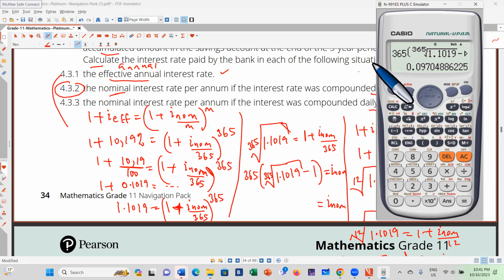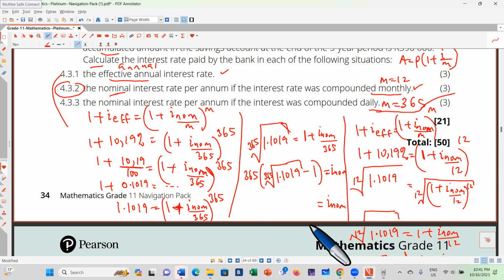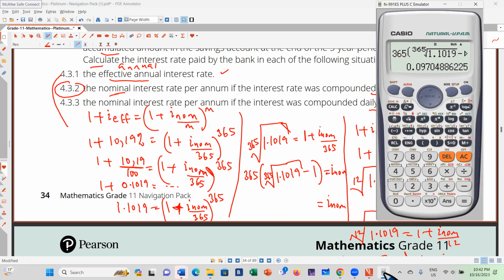What is the answer? Oh, so now I see I didn't insert the first 365 before the comma. Yeah, possibly that's the reason.